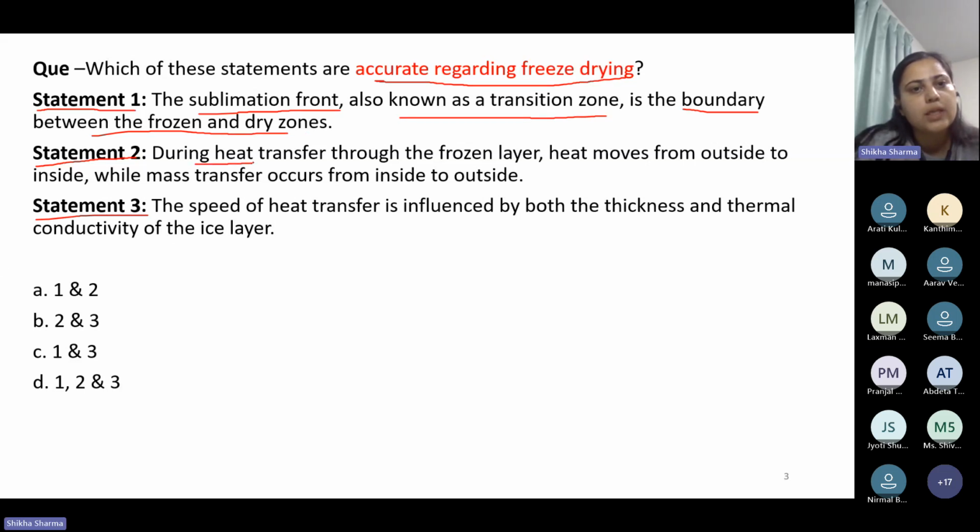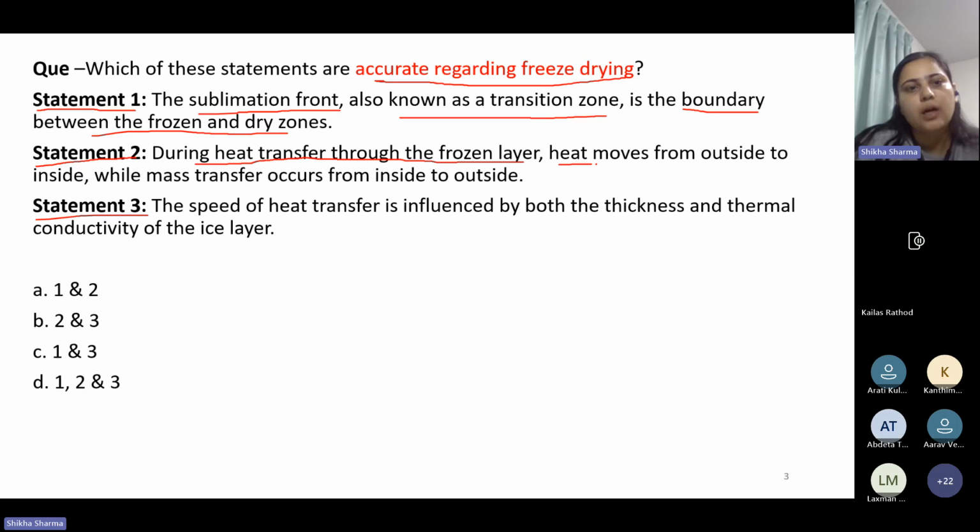Statement 2 says during heat transfer through the frozen layer, heat moves from outside to inside, while the mass transfer occurs from inside to outside. Statement 3 says the speed of heat transfer is influenced by both the thickness and thermal conductivity of the ice layer. So we need to tell which option is true for freeze drying.